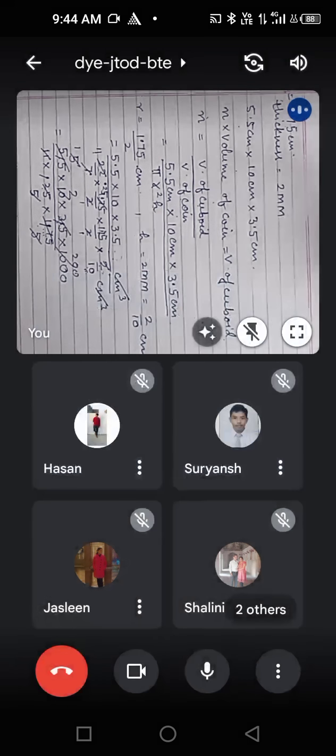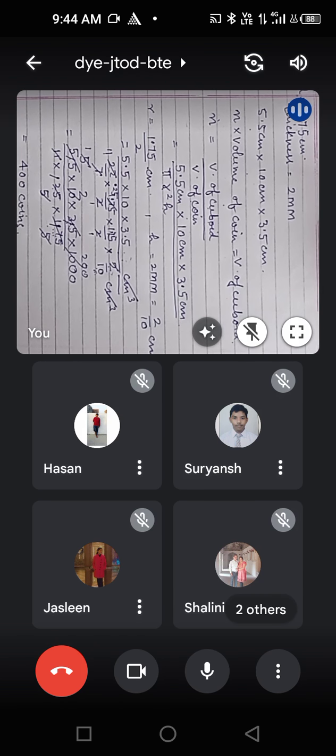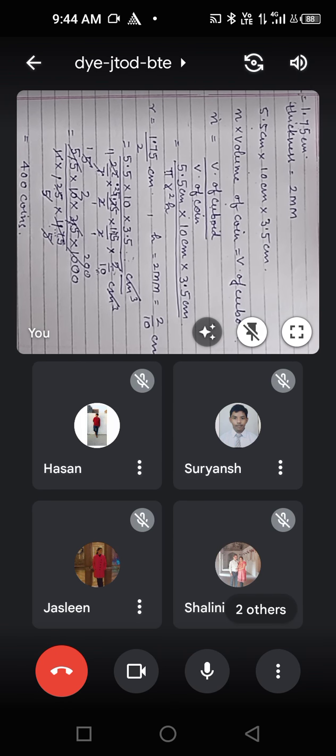Answer, write down: 400 coins will be required to be melted to form a cuboid of the given dimension.